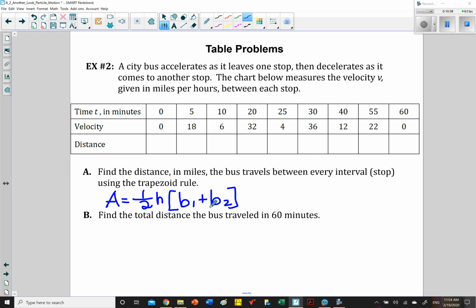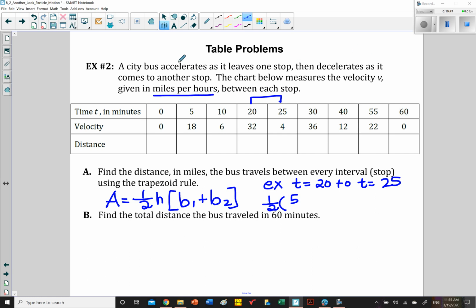So from geometry, we know that. Let's say if we go over here and look from 20 to 25, from time equals 20 to time equals 25, that height is 5, but it's in minutes, and our velocity is miles per hour.